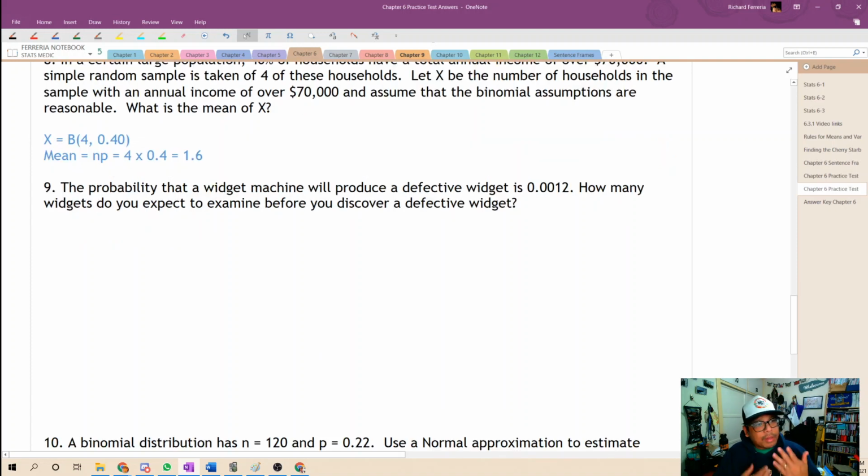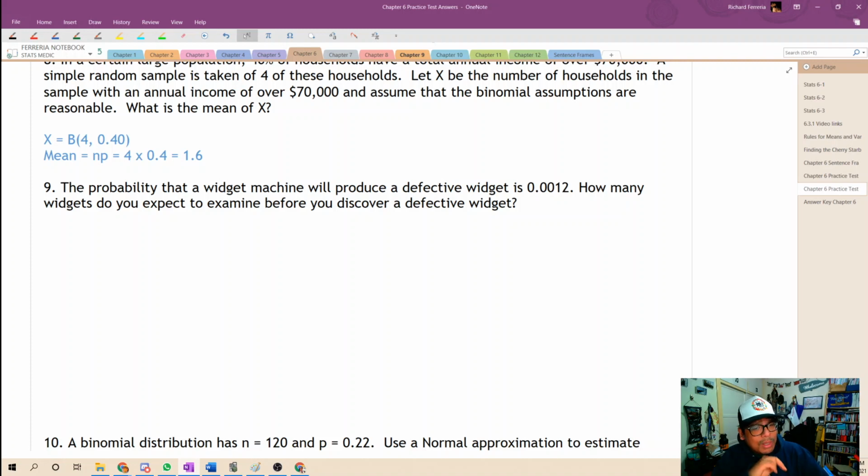For number 9, the probability that a widget machine will produce a defective widget is 0.0012. So how many widgets do you expect to examine before you discover a defective widget? And this is our first look at a geometric distribution, because most of the binomial distribution conditions are met. I mean, we have either defective or not defective.